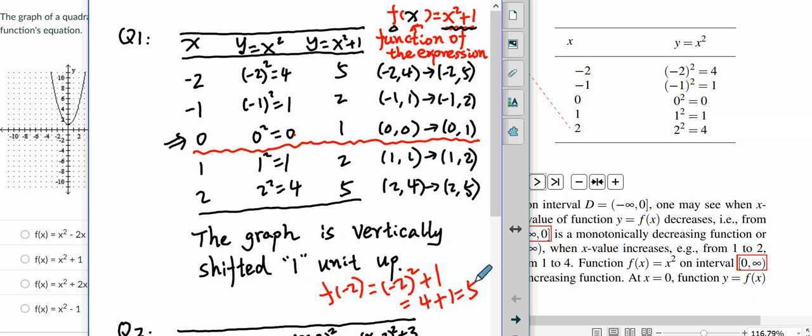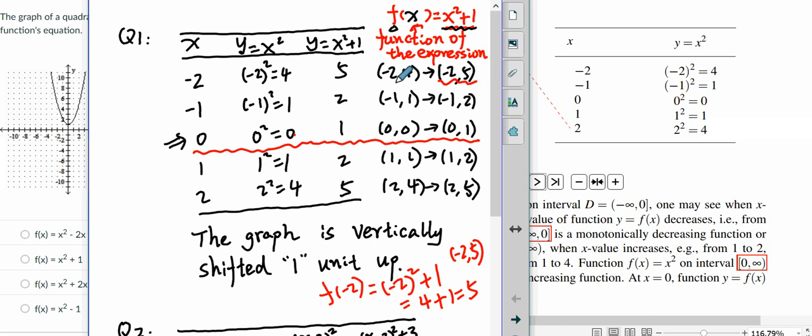Okay? So then you have 1 point. When x is -2, y is 5. So you then have -2, 5, this pair, which will be this point. Okay?